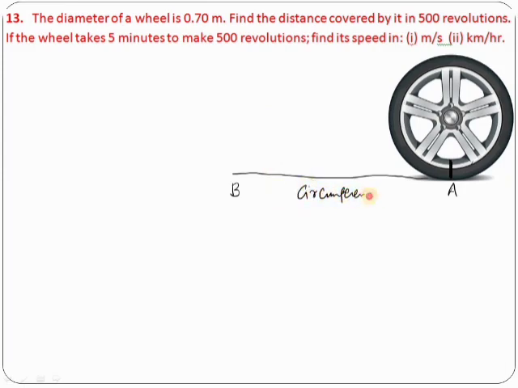This is a very important thing that you need to know. So one revolution covers the circumference of the wheel. Is this clear?